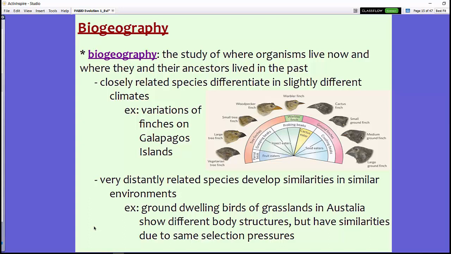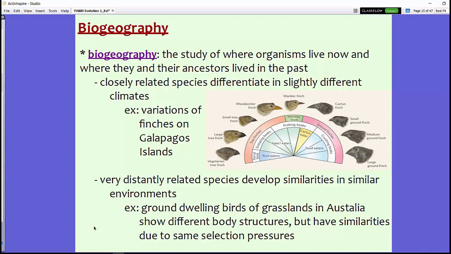So that's just an example of one type of biogeography study that we could do. We also see that very distantly related species might develop similarities in similar environments. For an example here, we have ground-dwelling birds in the grasslands in Australia. They have very different body structures, but they have similarities due to the same selection pressures.